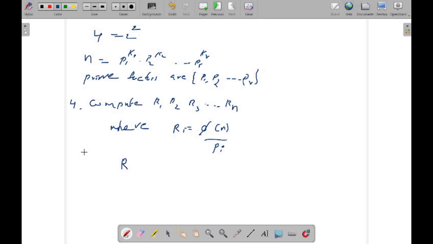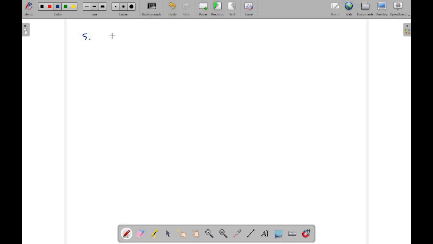In the case of 10, we have only one prime factor, so R1 equal to phi of n, which is 4, divided by 2, equal to 2. Only one R.